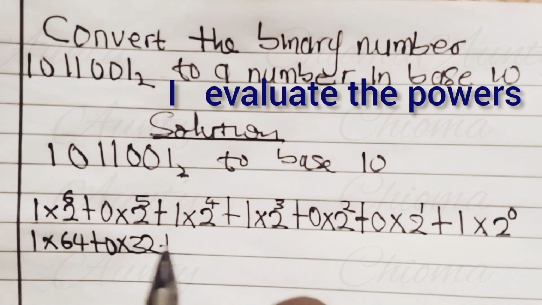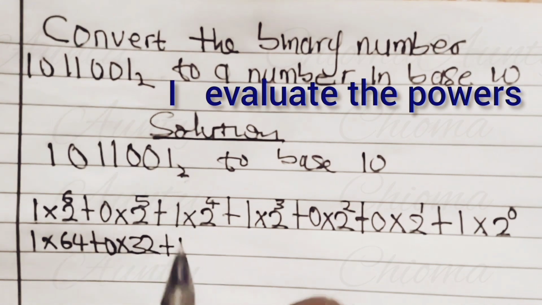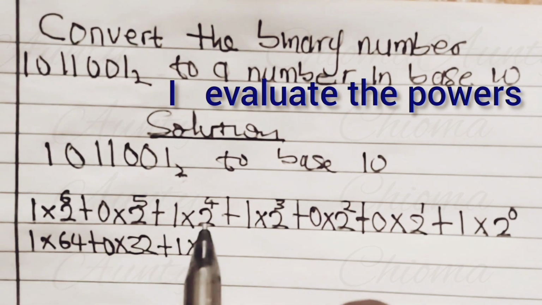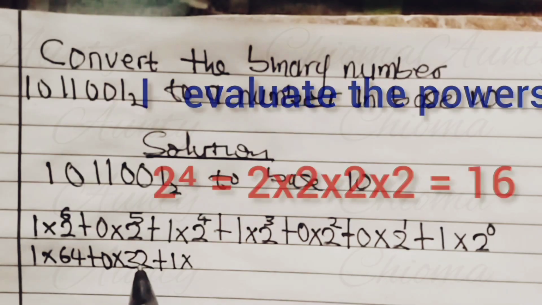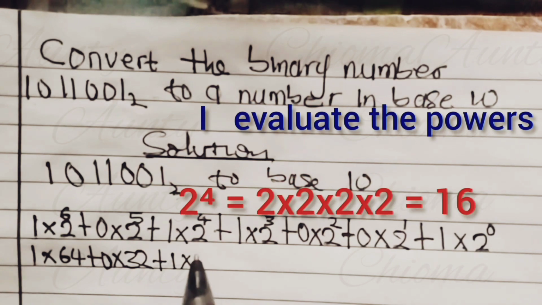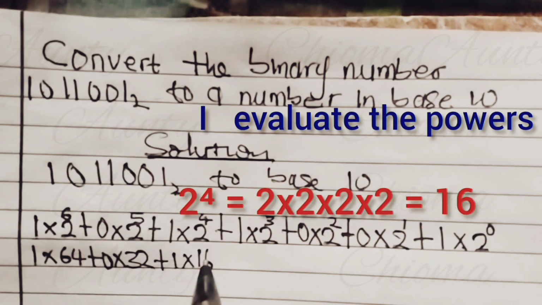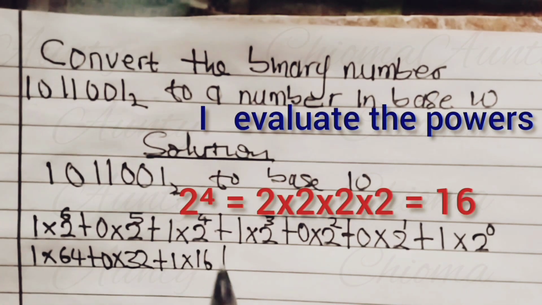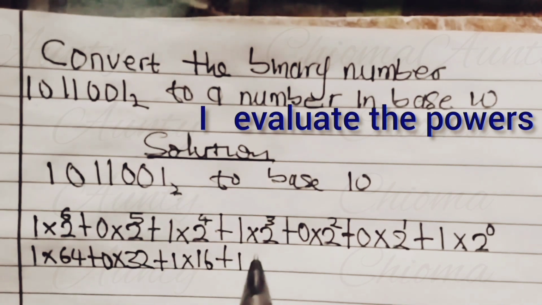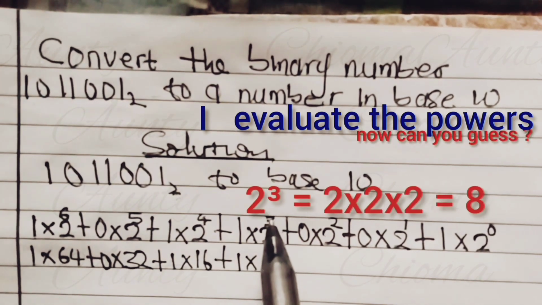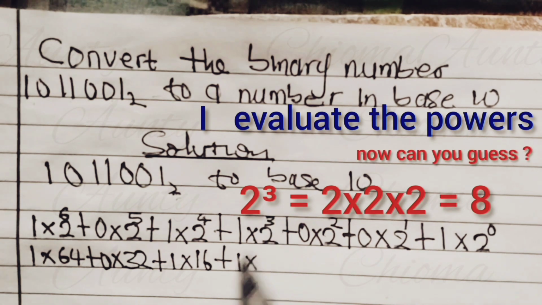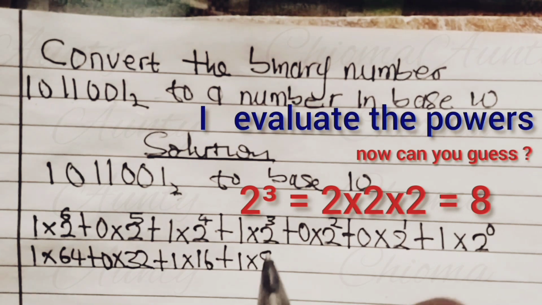Plus 1 times 2 raised to the power 4 is 16, because 32 divided by 2 is 16. Plus 1 times 2 raised to the power 3. You can guess it should be 8, because 16 divided by 2 is 8.